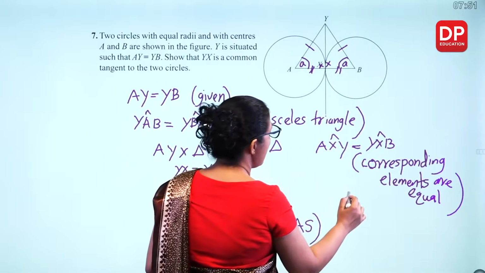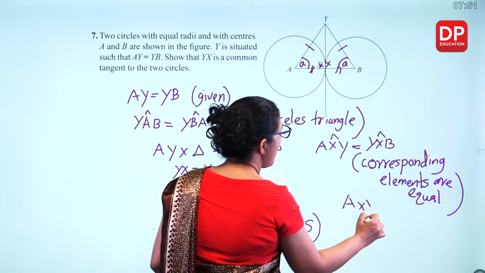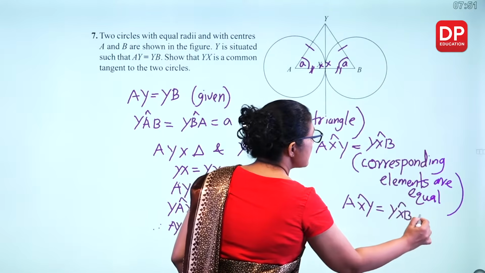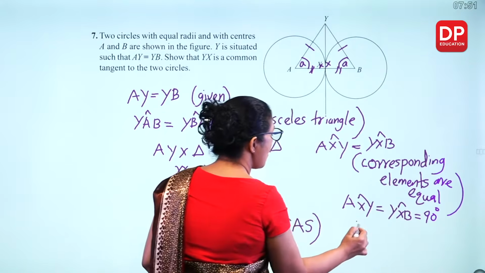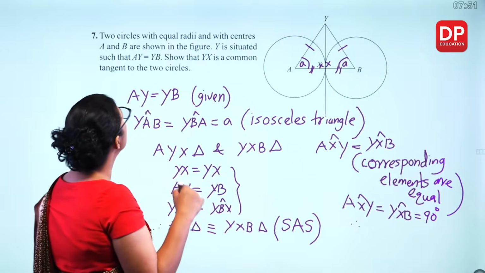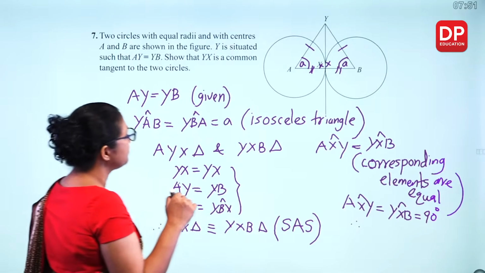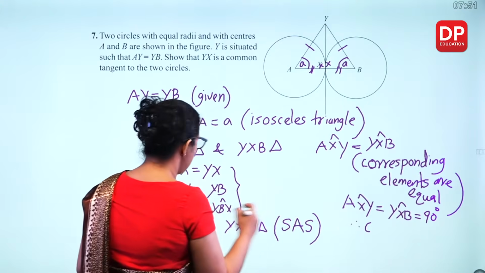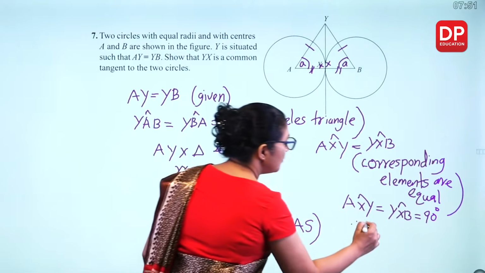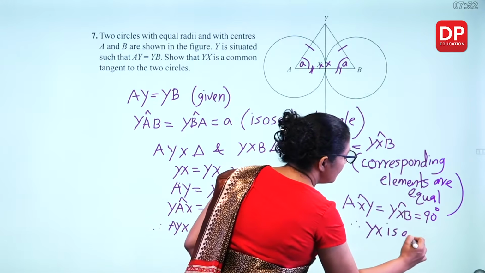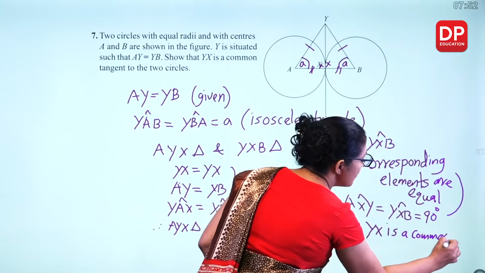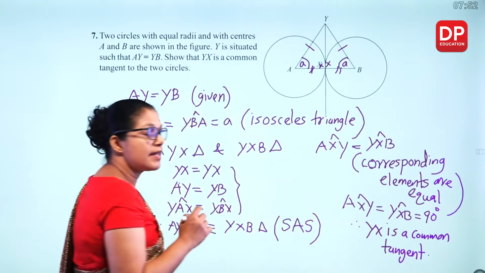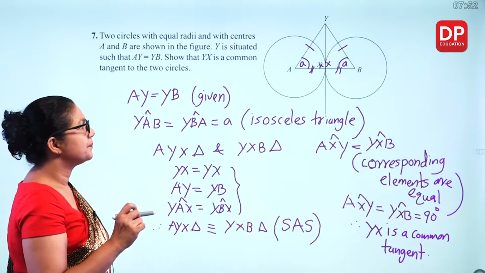So we can write angle AXY or YXB is 90 degrees. So therefore, that's a common tangent. Therefore, YX is a common tangent because tangent and radius are both perpendicular.